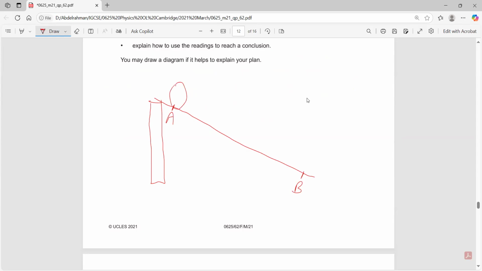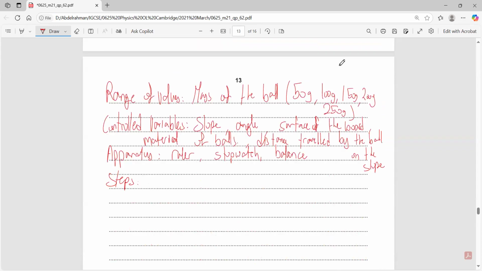The ball has to start at point A, the starting point, and this is the ending point or the finishing point B. So this is a fixed distance. You cannot release the ball from any point other than point A. It has to start from point A specifically. So this has to be a constant, a controlled variable.